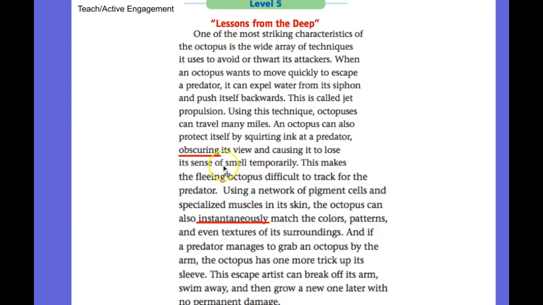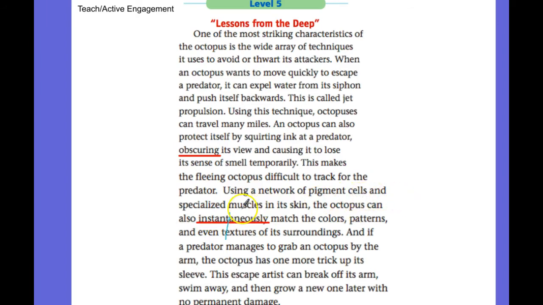An octopus can also use, look at these words, obscuring, instantaneously. If I look at the word instantaneously, look at this right there, instant, instantaneously. Something that instant must be something that happens really fast.